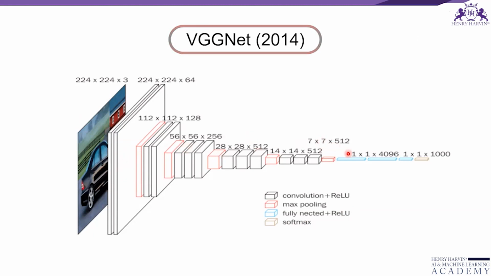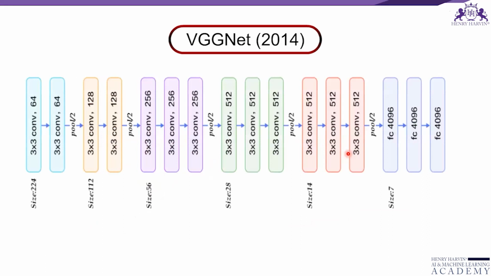This is how the structure actually differs. VGG 16 contains 16 layers, and VGG 19 contains 19 layers. A series of VGGs are exactly the same in the last 3 fully connected layers.